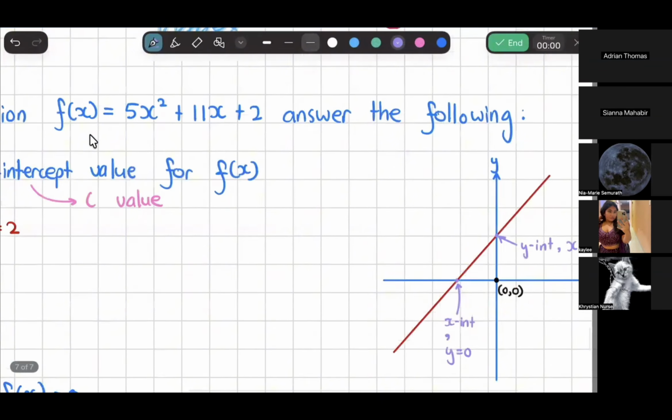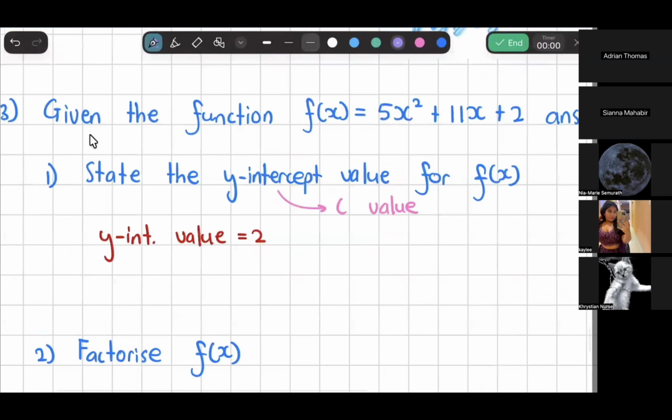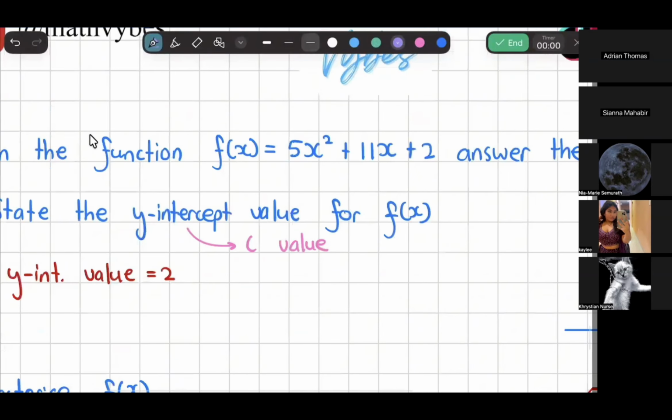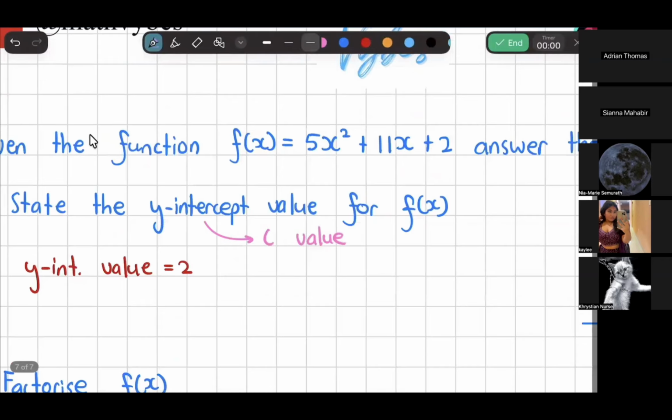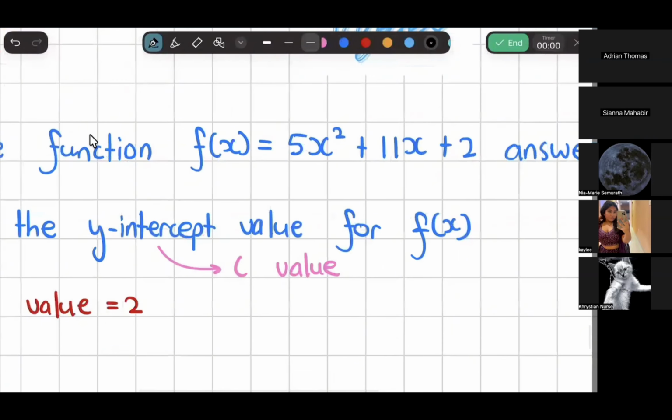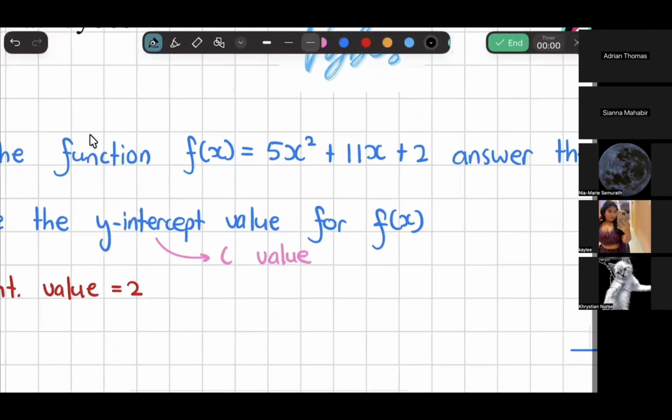Yes, sir. So when I say find the y-intercept, remind me, what is 0 at the y-intercept? So you're on the y-axis. You're only moving up or down. So what was 0? See if you can remember that.